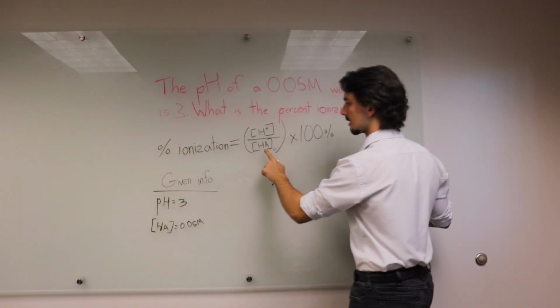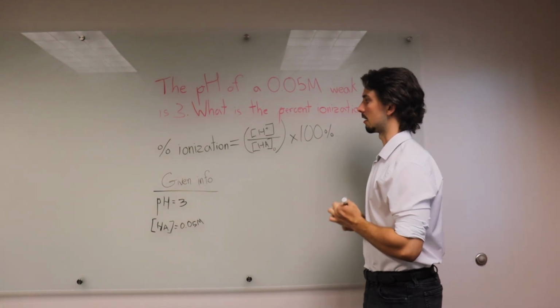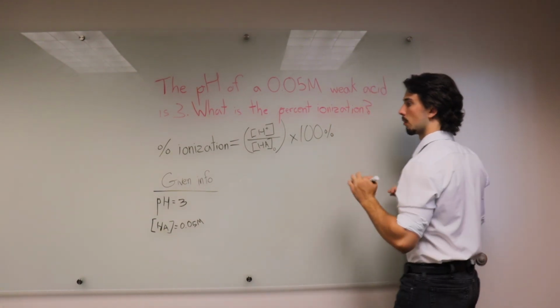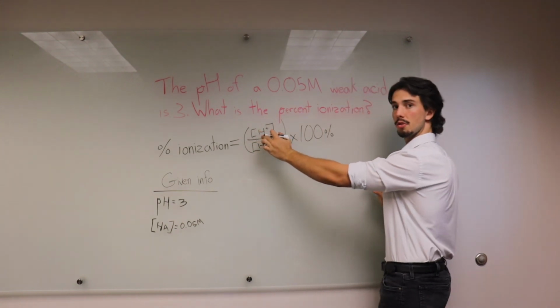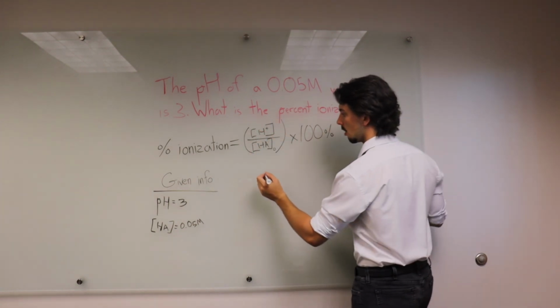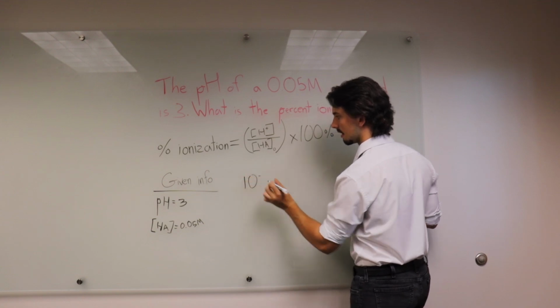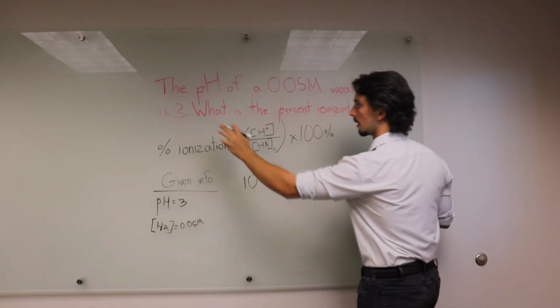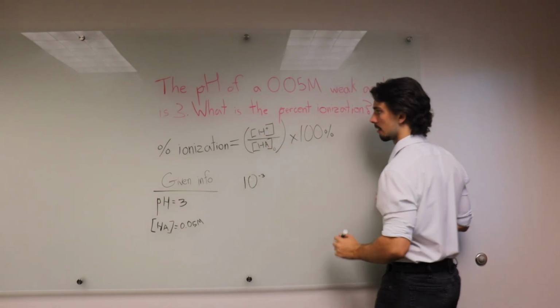Now what we need to find is the concentration of those hydrogen ions. And we know from previous examples that if we're given the pH and we need to find the concentration of hydrogen ions, all we do is we take 10 and we raise it to the negative pH power. In this case, it'll be 3. So this is our hydrogen ion concentration.